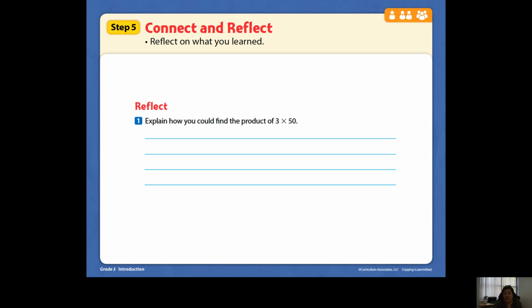So those are 2 different ways that you could actually solve this problem. So I want you to pick what works best for you, what you found to use when we were going over this, and you can write an explanation for it here.